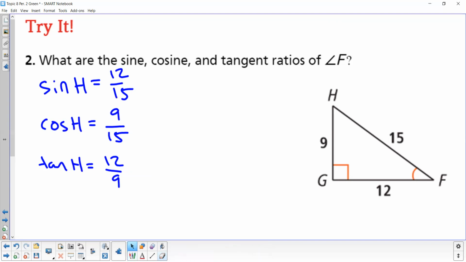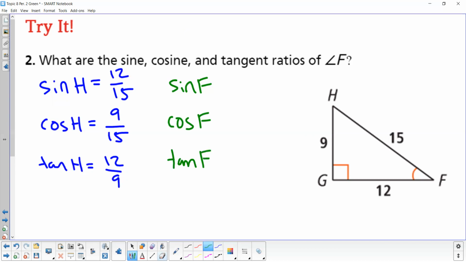Keep in mind, it's going to change what the opposite and adjacent sides are. If you're at F, 12 is now the adjacent side. 9 is the opposite side. But 15 hasn't changed. 15 is still the hypotenuse.